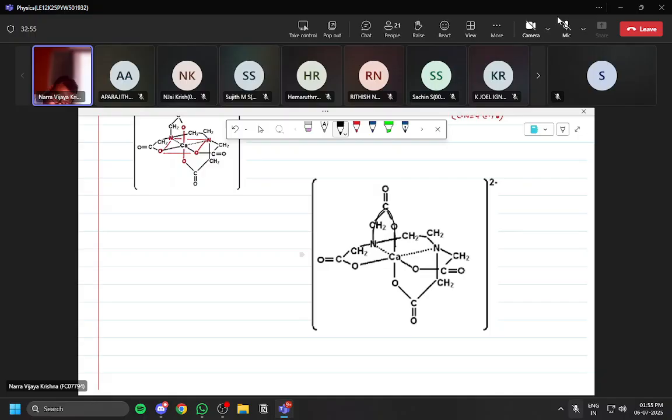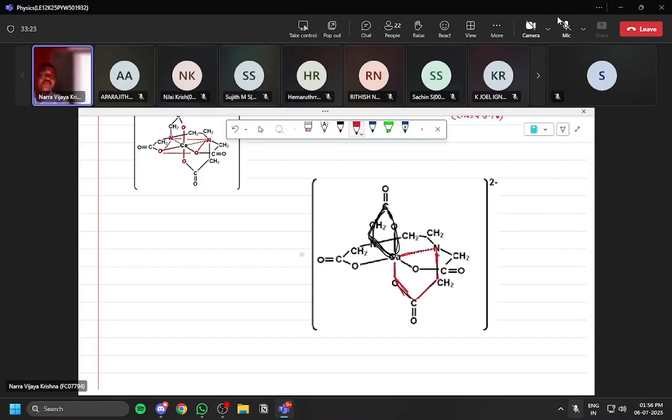This, with the nitrogen and oxygen, is forming one ring or not? This is one ring over. In the same way, with the below, is it forming one ring? Correct? See, it is in continuation with the nitrogen. Here this CH2 is forming a bond with nitrogen. So this forms one ring.